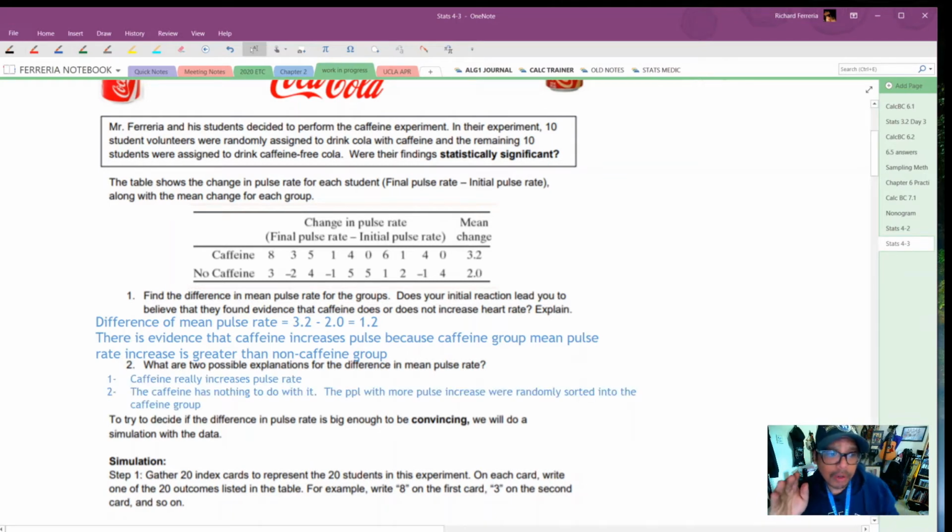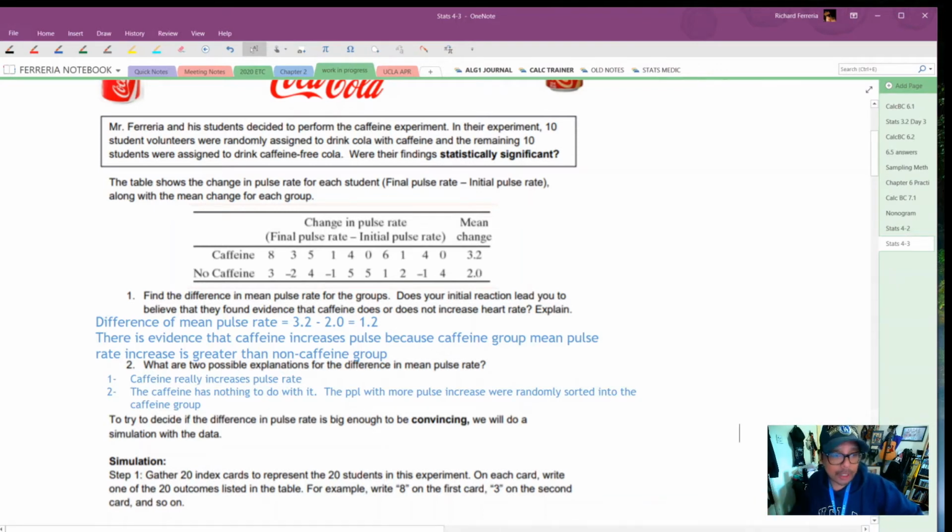In this alternative explanation, the caffeine really doesn't have anything to do with the increase in pulse rate. It just so happened that the people with more increased pulse rate happened to be sorted into the caffeine group. Because remember, this was random assignment.